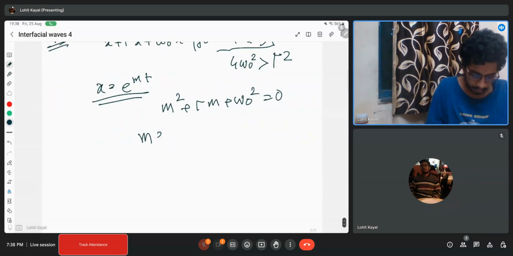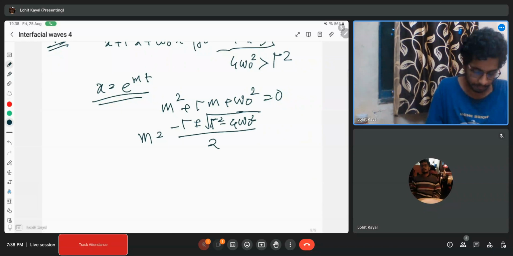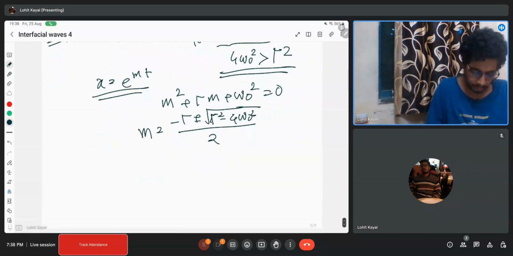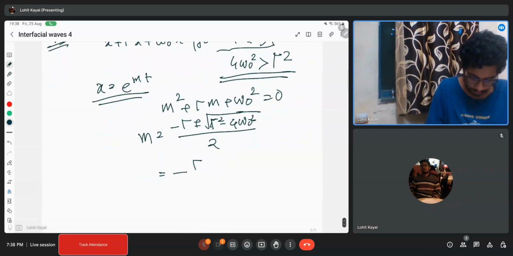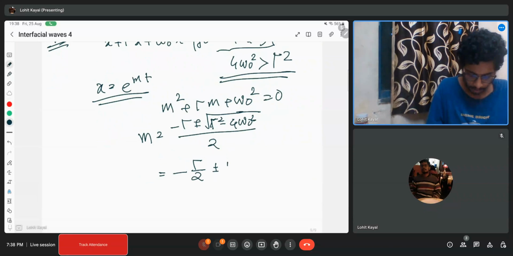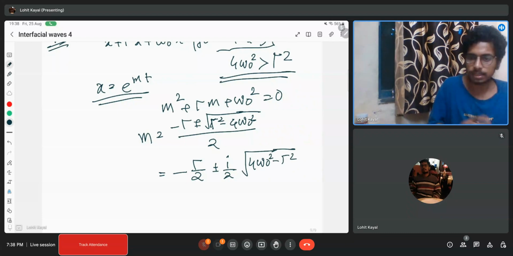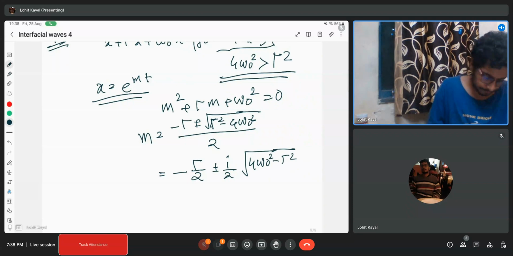So m equals minus gamma plus or minus square root of gamma square minus 4 omega naught square, divided by 2. Now it is provided that 4 omega naught square is greater than gamma square. So it will be minus gamma by 2 plus or minus i, the iota, times square root of 4 omega naught square minus gamma square, by 2.